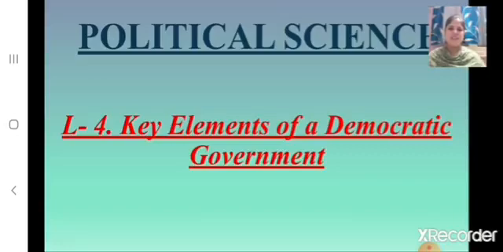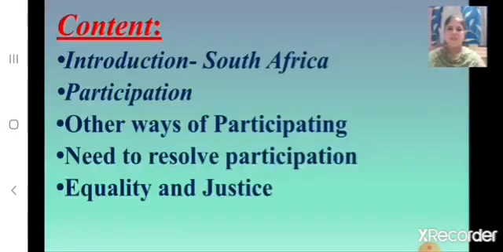Today in political science we shall learn a new lesson, that is lesson number 4, key elements of a democratic government. That means we will learn and understand the key elements that influence the working of a democratic government. Children, in this lesson we shall learn about South Africa, that is the injustice against non-whites in South Africa.